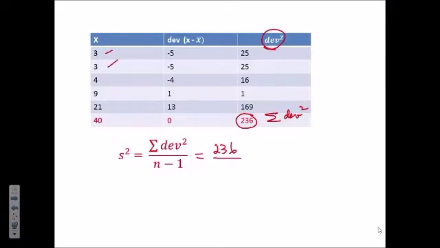N is the sample size, 1, 2, 3, 4, 5. 5 minus 1. So that would be 236 divided by 4. And that comes out to be 59. So the variance would be 59.